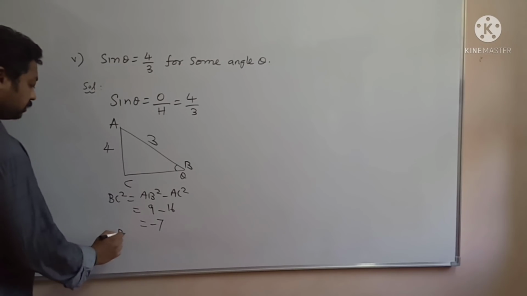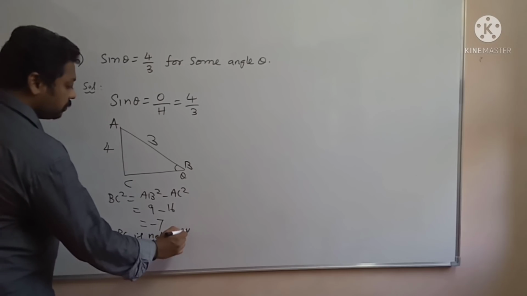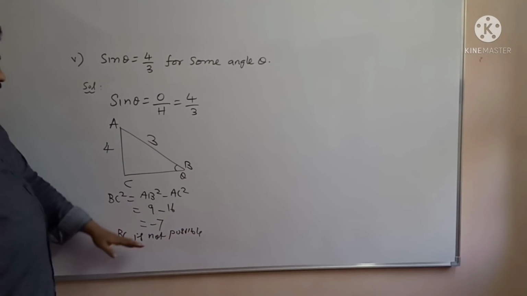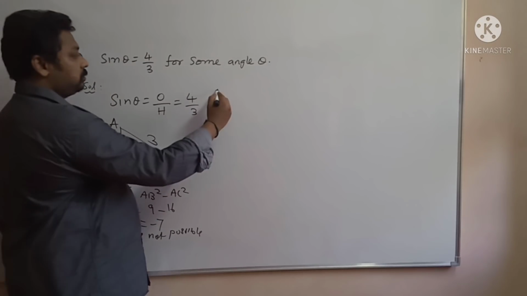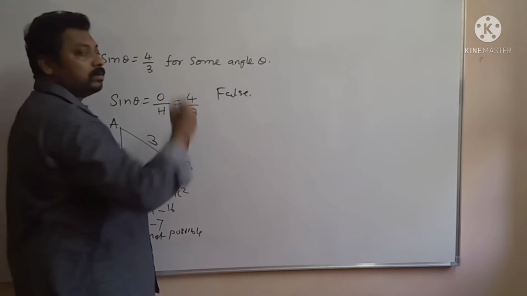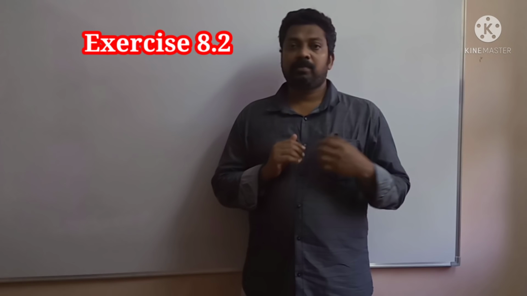So BC is not possible, right? The square root of a negative number is not possible. Therefore the given statement is false.